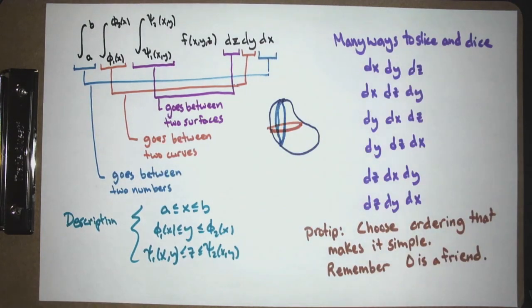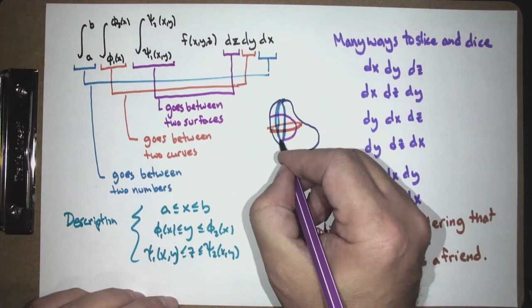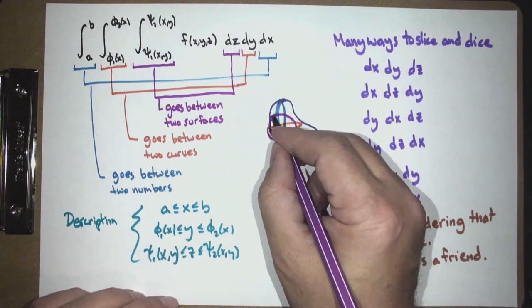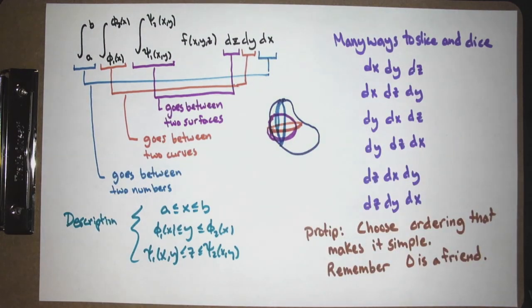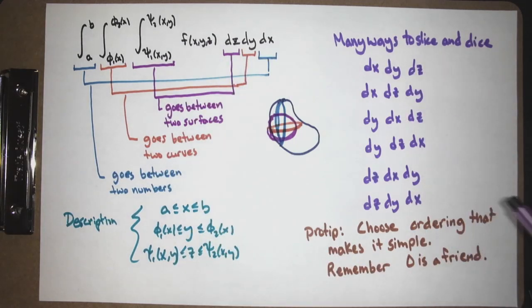And then we would have gotten a slightly different shape. And we also could have sliced in the x direction. And that's a little bit harder to visualize. But the punchline here is we have lots of orderings. Since we have three variables, there are 6 ways for us to describe our shape.